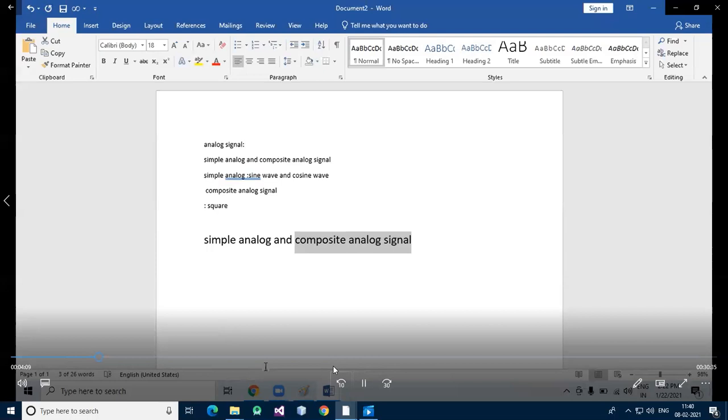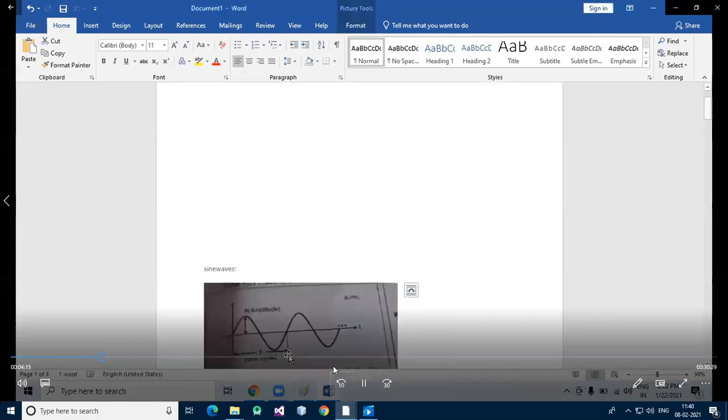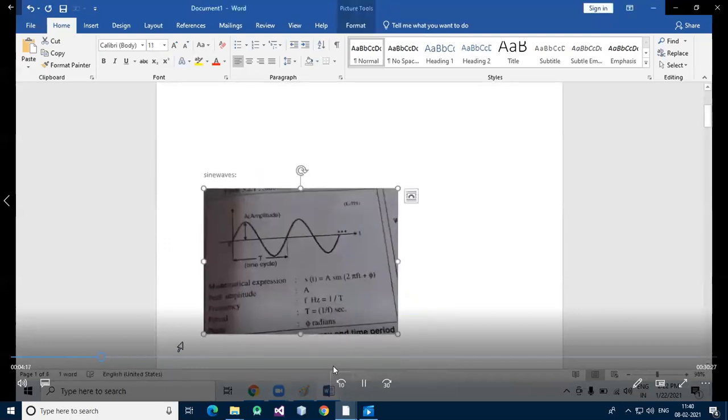Now, what about the simple analog signal? In the sine wave, you can see this is an example of a simple analog signal. The sine wave is the most basic type of periodic analog signal. So here you can see this graph represents an analog signal.